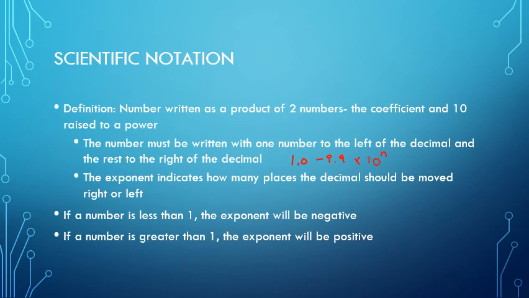If I have a positive exponent and I'm trying to put it back into normal notation, since the exponent is positive, I know the number is greater than 10, so I'm going to move the decimal point to the right to make the number go back to normal notation. Same thing, if I have a negative value for my exponent, then that means my number is less than 1, and so now I'm going to move my decimal point to the left to make the number go back to normal notation.